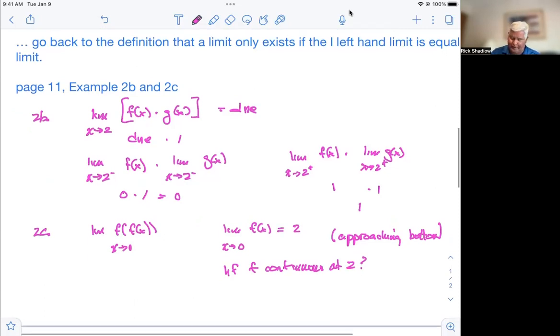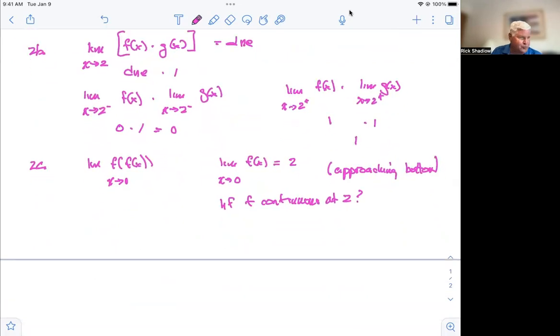And therefore, we look now to a scenario where I'm going to look at the limit of f of x as x approaches 2 from the bottom, the negatives, and that value is 0.